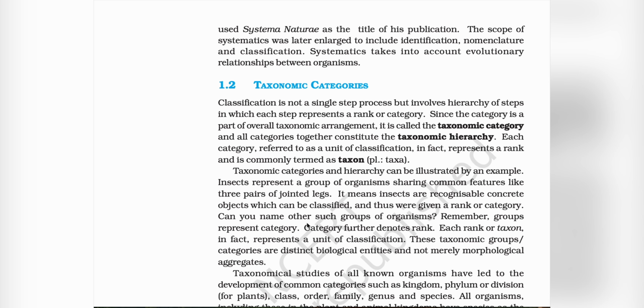Can you name other such groups of organisms? Remember, groups represent category. Category further denotes rank. Each rank or taxon in fact represents a unit of classification. These taxonomic groups or categories are distinct biological entities and not merely morphological aggregates.